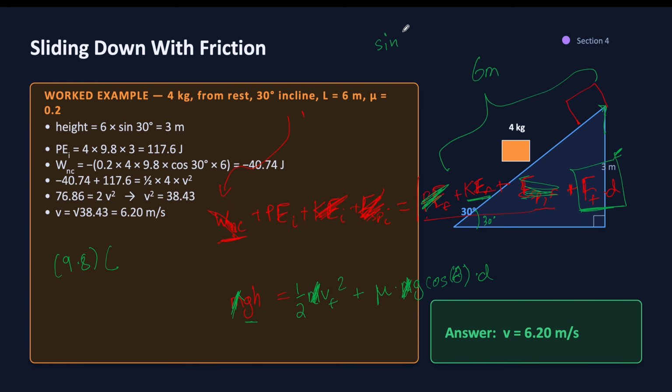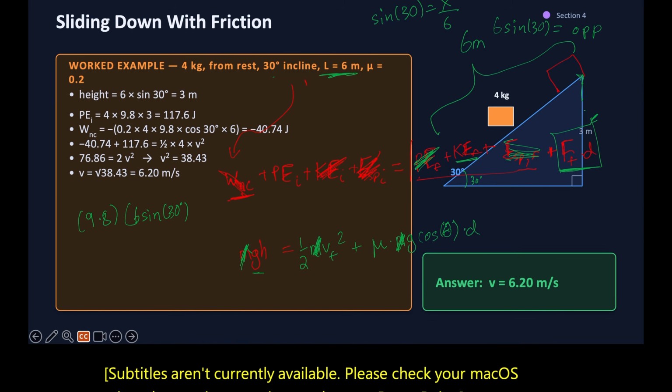Sine of 30 is equal to x over L, because opposite over hypotenuse. And L sine 30 is just your opposite side. So over here you can see 3 meters, but in the question we're just given L is equal to 6 meters, right? And I'm going to ignore my units for now, which is dangerous, but it's just going to get a bit complicated.